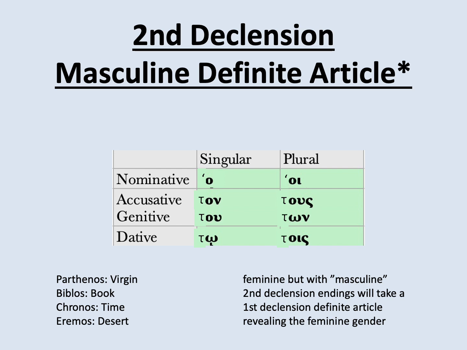So here, this is specifically a masculine definite article for use with the second declension. Ho, hoi, and then tau with all the rest. Again, you simply have to memorize this, but it's easier to memorize it because we've already memorized the actual endings of the nouns in this declension. Now we're just changing it slightly so that they stand by themselves prior to the word that they're modifying.